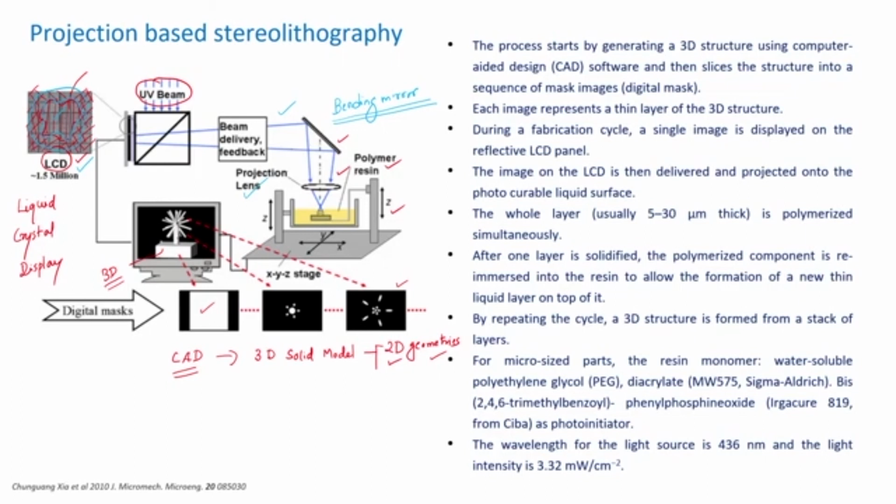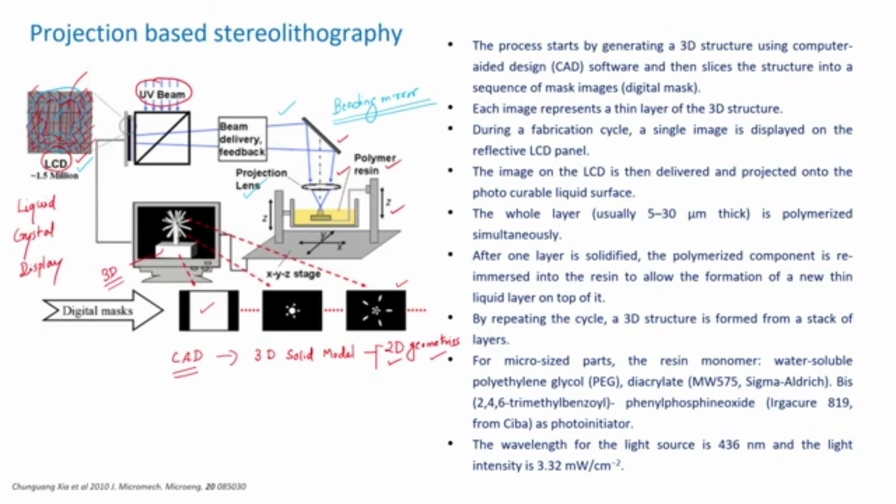Again, after completion of the first layer manufacturing, the computer will send the next image to the LCD. Accordingly, the LCD will change its display.